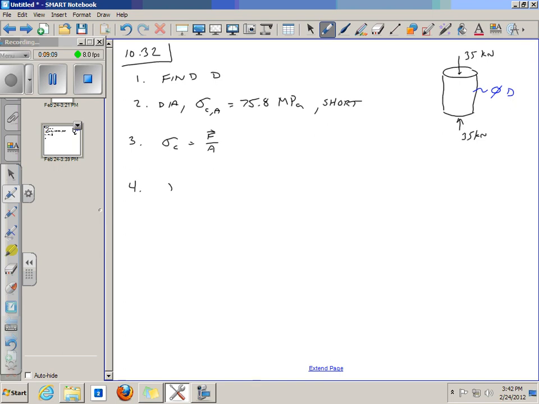So sigma compressive allowable is equal to, well, we know how much force we've got, so that means we can figure out the required area, how much area we need to not go over that amount of stress. So they told us the allowable stress is 75.8 megapascals. That's equal to the force, 35 kilonewtons, over the required area.